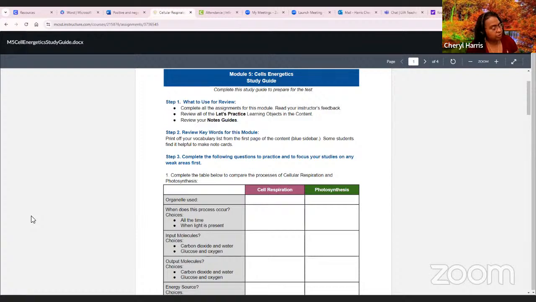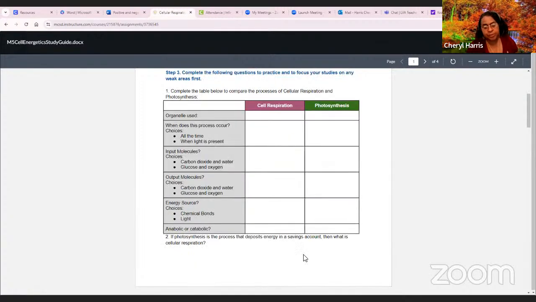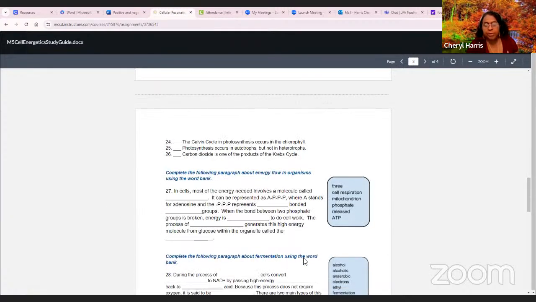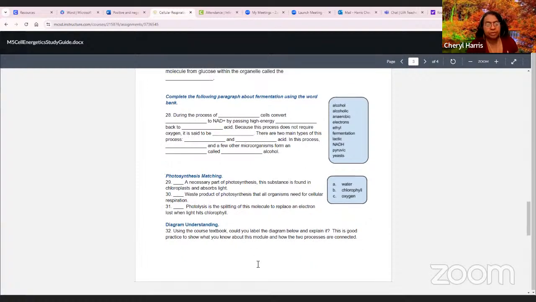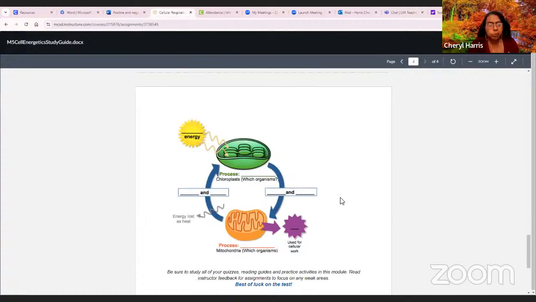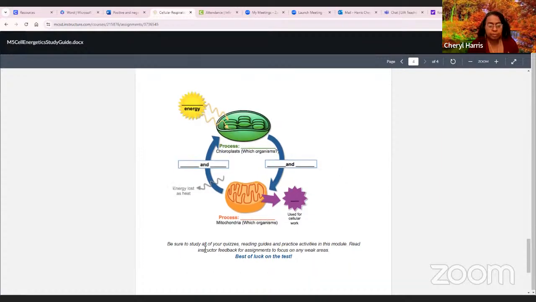So this is photosynthesis and respiration. You might need to hop back again to answer these questions and then label this one as well.